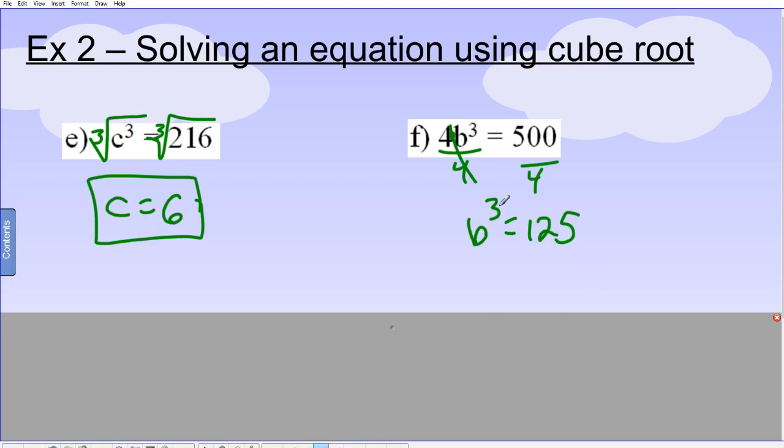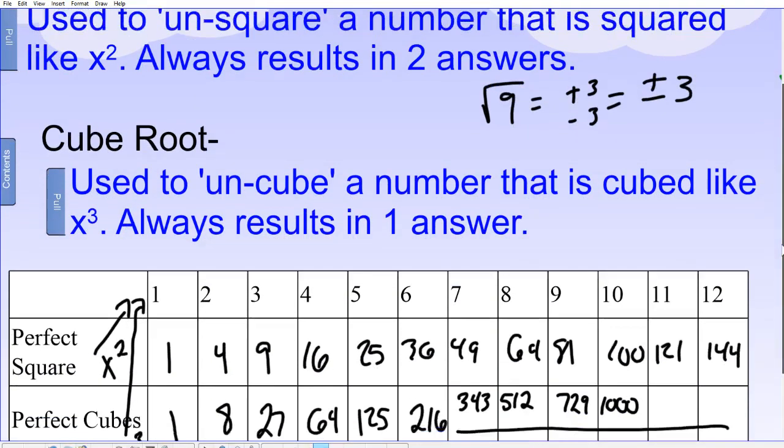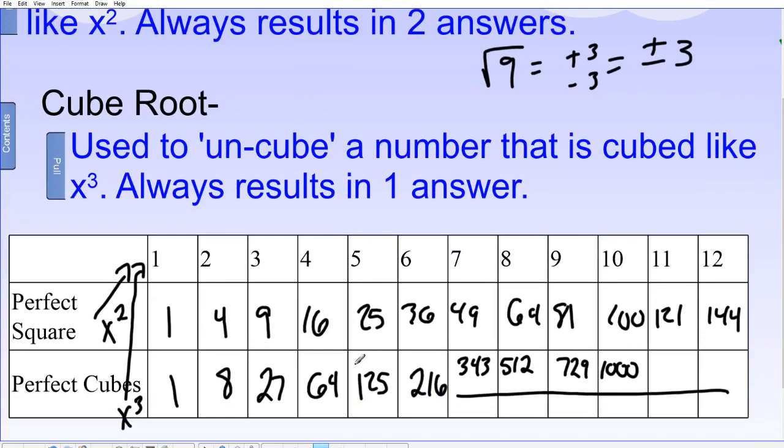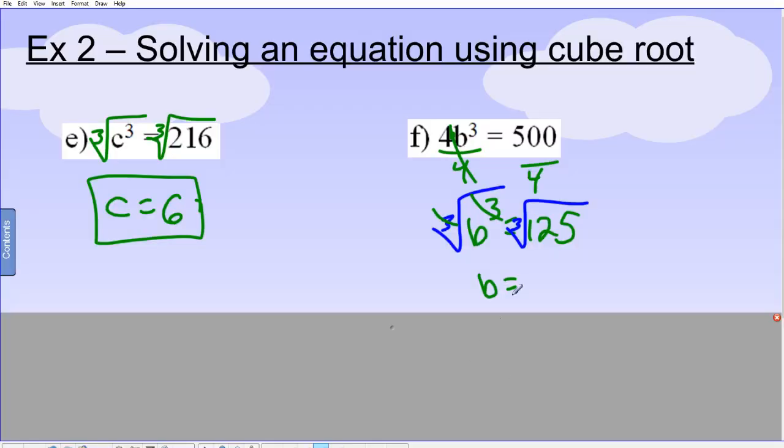So now that I have the b cubed by itself, I can cube root both sides. So if I cube root here, these cancel out, and b equals the cube root of 125, which is 5. 125 is a perfect cube, which means I get 5 as the answer.